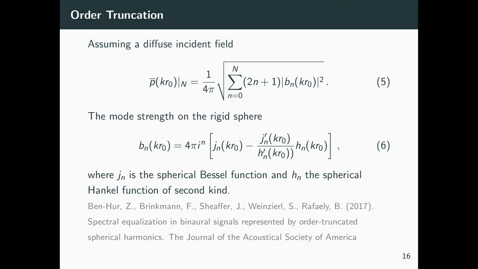Okay, so solutions. Let's first of all talk about the state of the art. This is a very recent paper, as you can see, which tries to tackle the average error that we make, so the common transfer function where you saw that roll-off. This is what they try to tackle here: the average coloration, so to say, that we introduce when we truncate the reproduction order. And I will come to how you can derive that later.